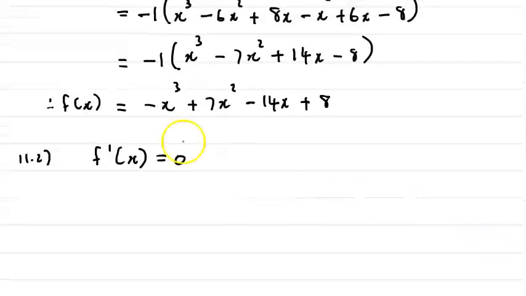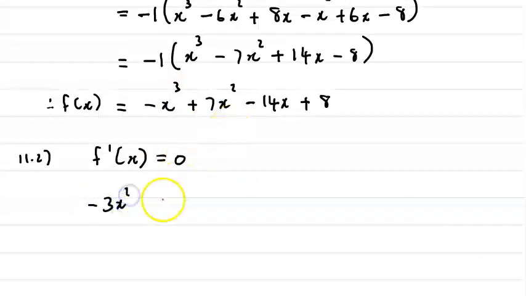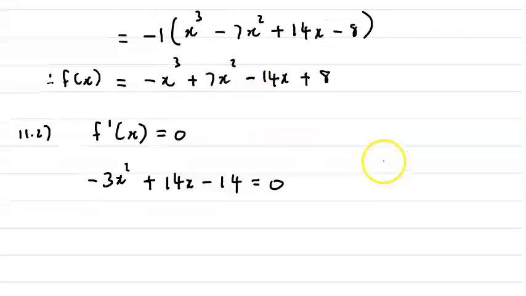We're going to find the derivative here using the rule. So that'll be minus 3x squared plus 14x minus 14 equals 0.